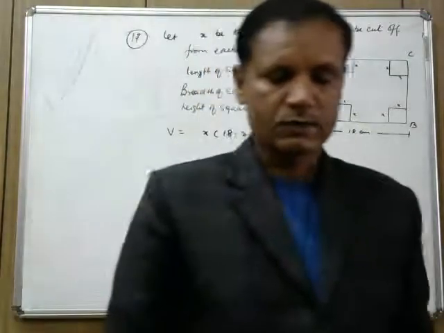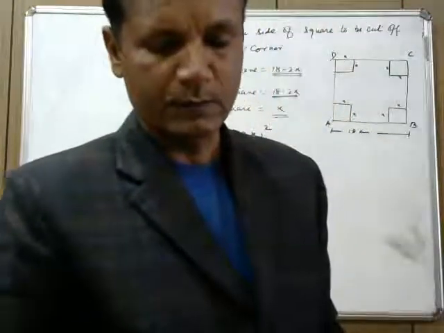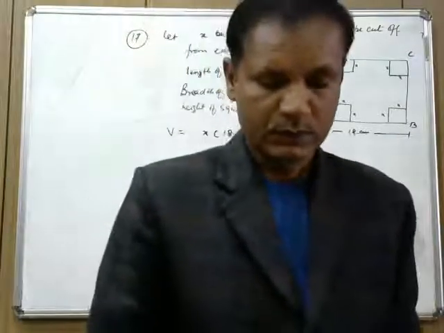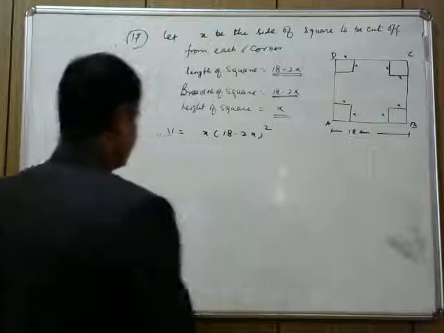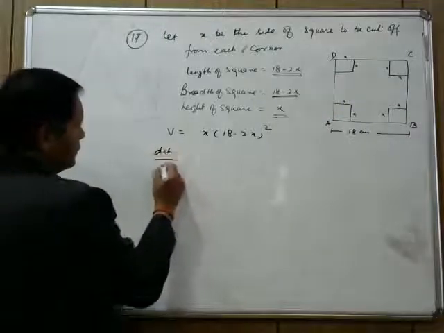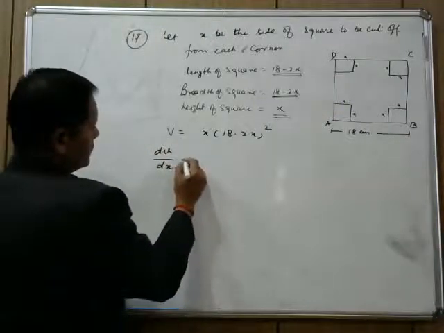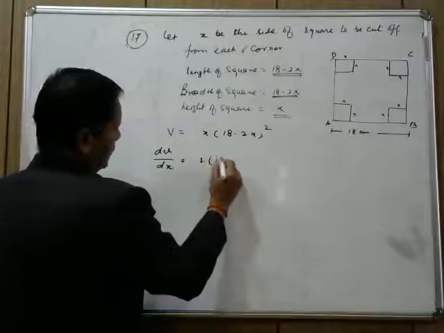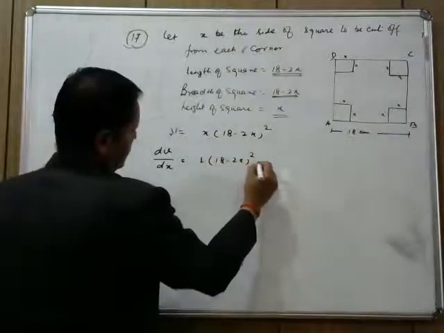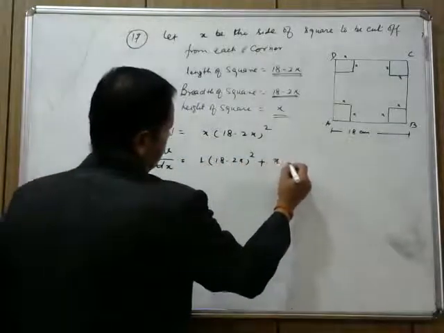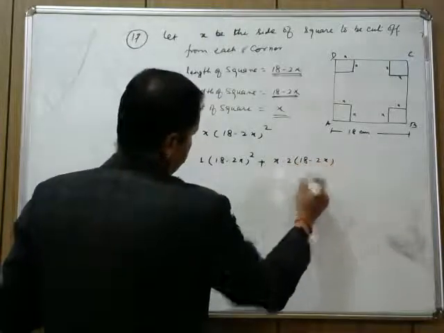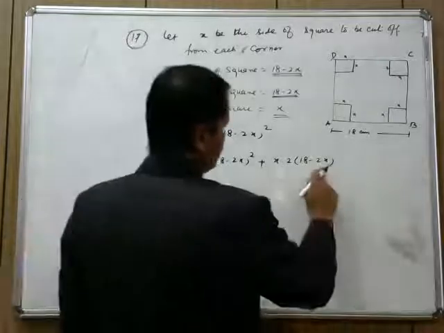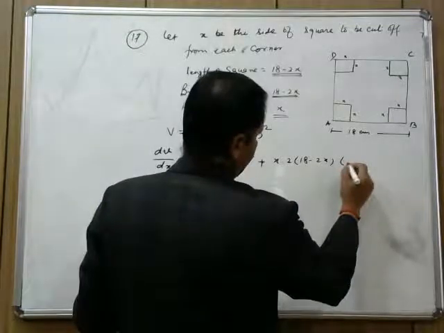But in this question we have to maximize, we have to find the maximum possible value, isn't it? So now we will differentiate with respect to x. So dv by dx: differentiation of x is 1 into (18 minus 2x) whole square, plus x into 2 into (18 minus 2x) into differentiation of minus 2x, which is minus 2.